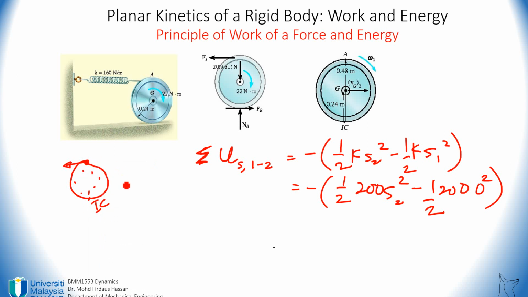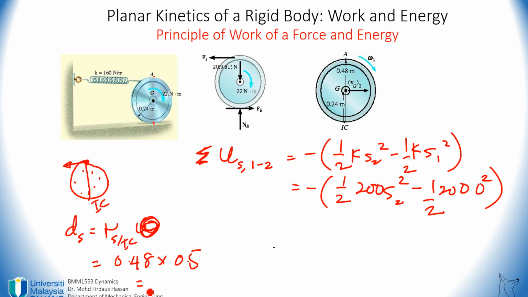So the displacement of the spring is equal to R, the radius from this point to the IC, that is from the spring point to the IC, times theta. So R, as I see, is 0.24 times 2, 0.48, times theta. Theta is 0.5. And then you have your answer for d.